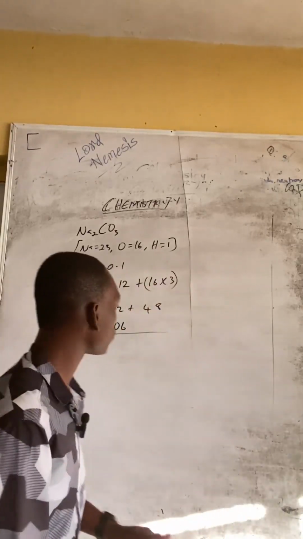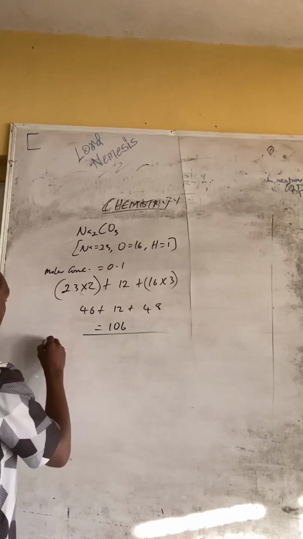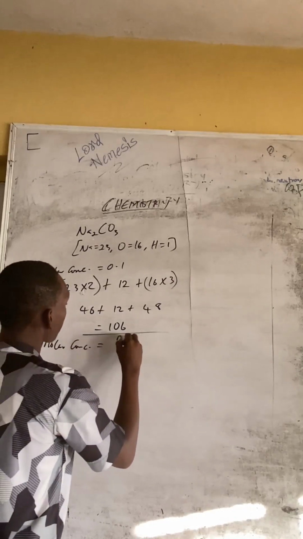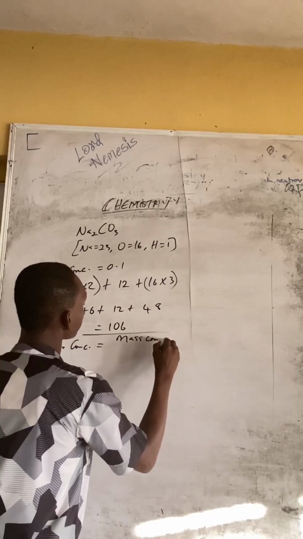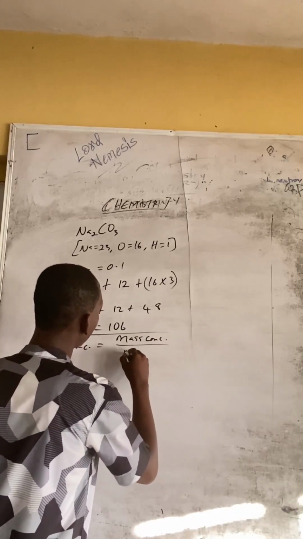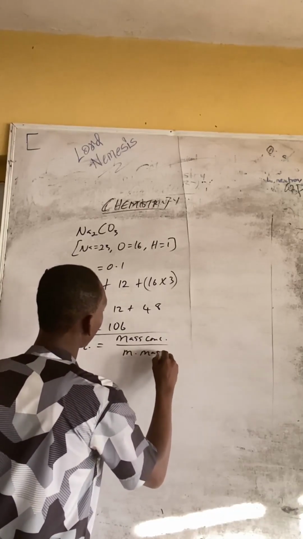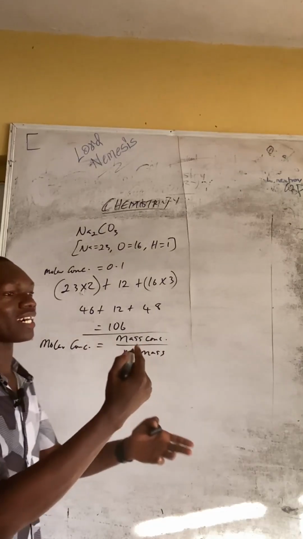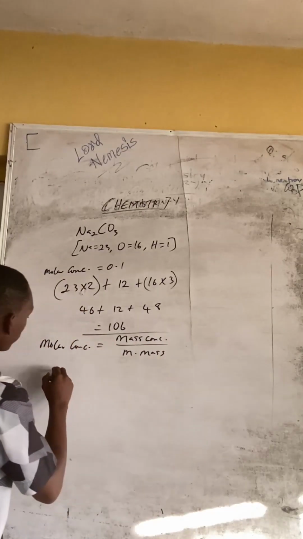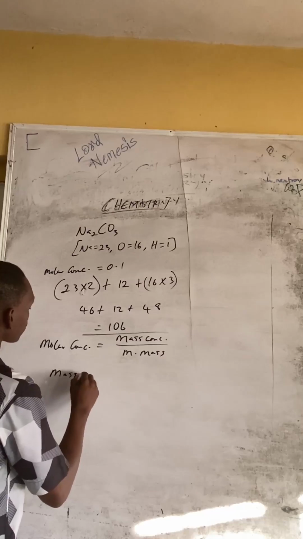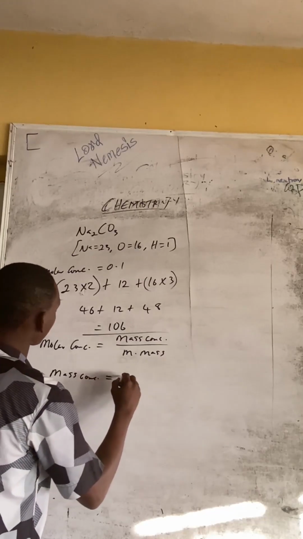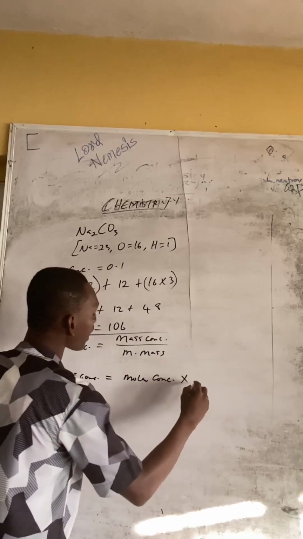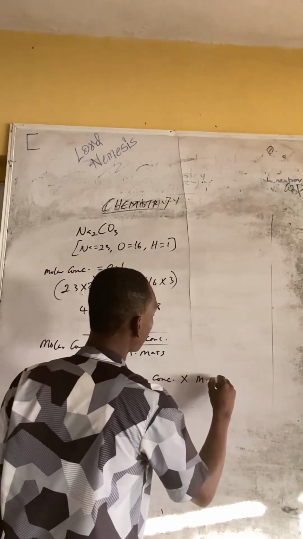If we recall, molar concentration is equal to mass concentration divided by the molar mass. Since we are asked to calculate the mass concentration, we rewrite the formula: mass concentration equals molar concentration times the molar mass.